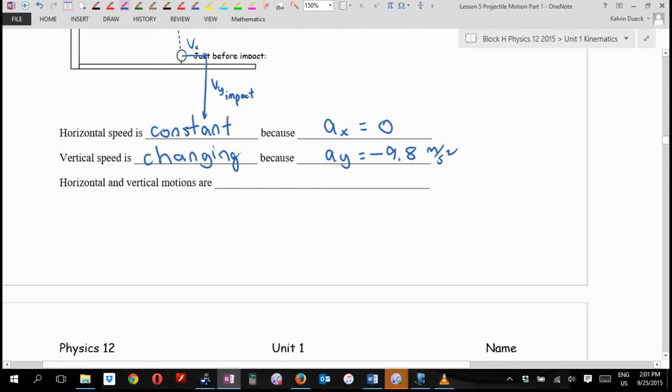And that's constant as well, but the acceleration is constant, which is what gives you a changing velocity. And again, horizontal and vertical motions don't affect each other. Don't you dare put a horizontal expression into a vertical equation. Don't you dare put a vertical expression into a horizontal equation. That's bad physics.